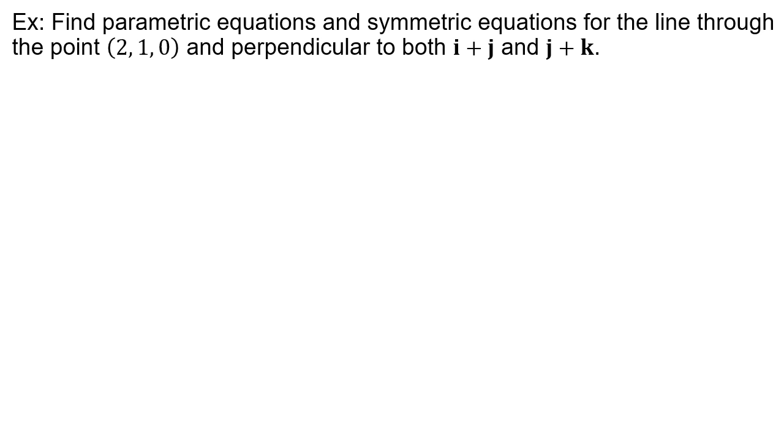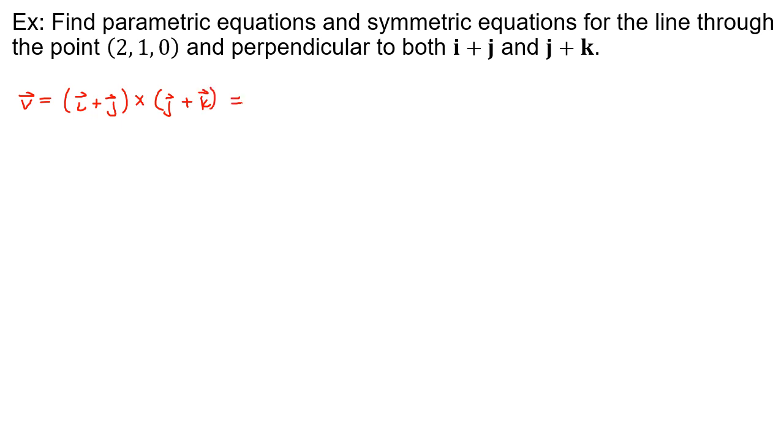And we remember from the last section that a vector perpendicular to two other vectors can be easily found by doing the cross product. So here you have a little bit more work to do. Our vector v that we're going to be using will actually be i plus j crossed with j plus k.